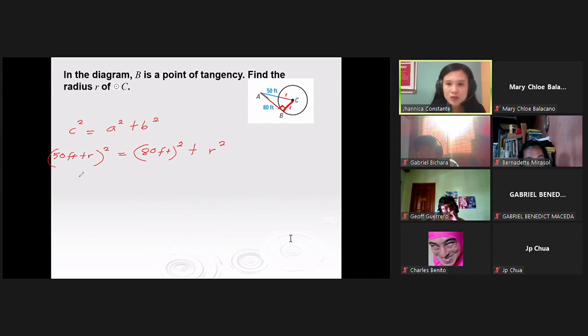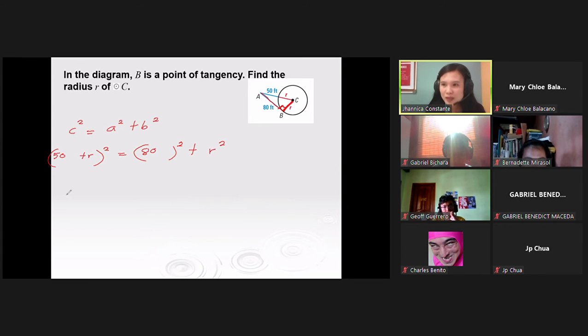We can use the FOIL method to find the product of (50 + r) squared. Let's remove the feet so we don't get confused. So we have (50 + r) squared. You can use the FOIL method. I think you still remember what the FOIL method is: first, outer, inner, and last.